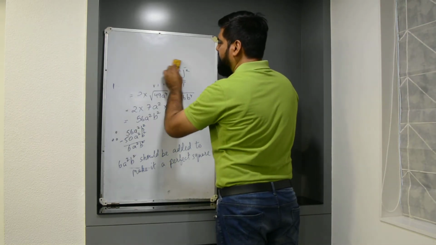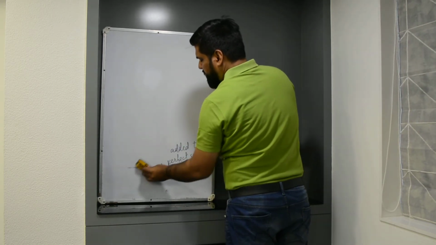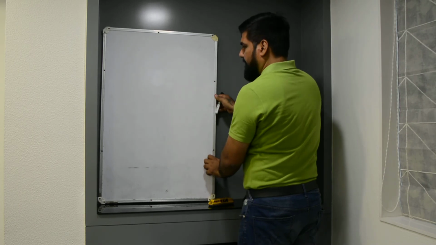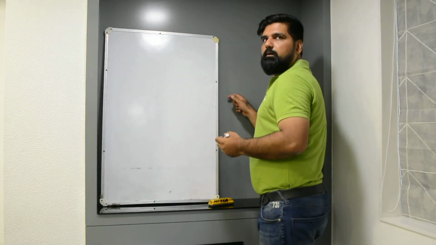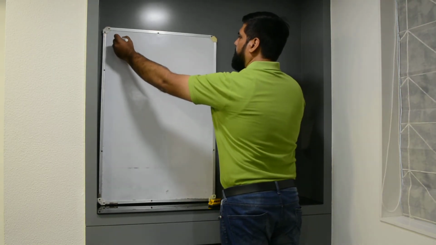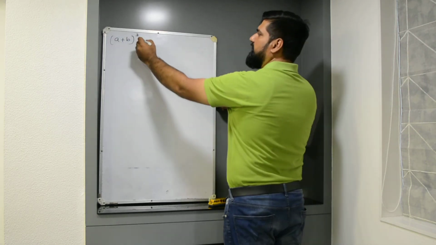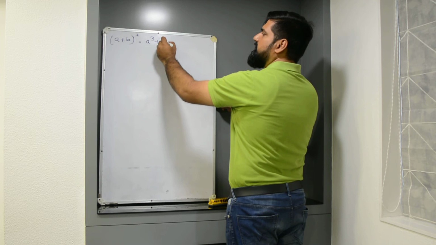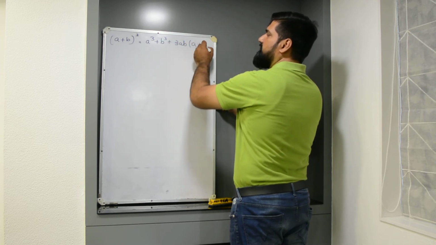It is a very easy identity which you have already learned in the previous classes. Like, if we have (a + b) whole cube, this is a cubic identity, this is equal to a^3 + b^3 + 3ab(a + b).